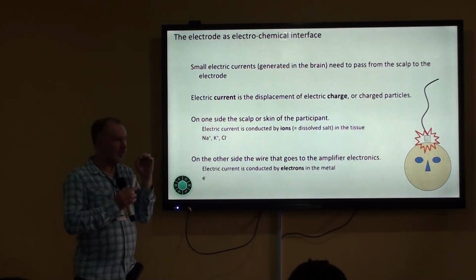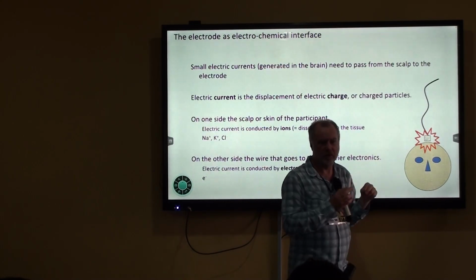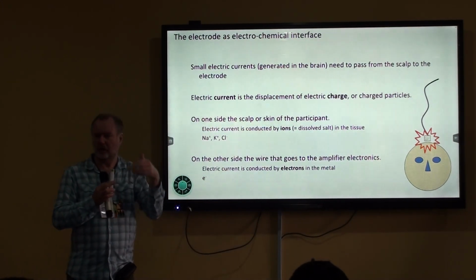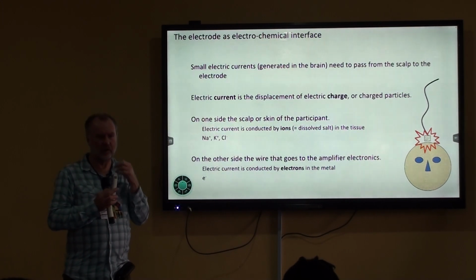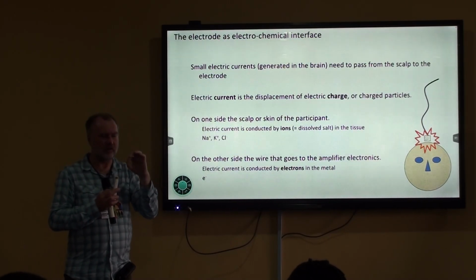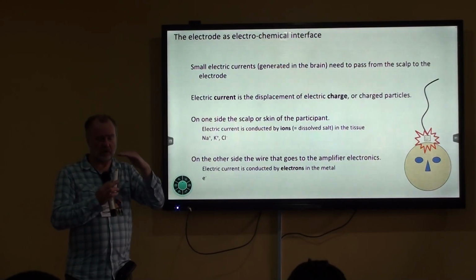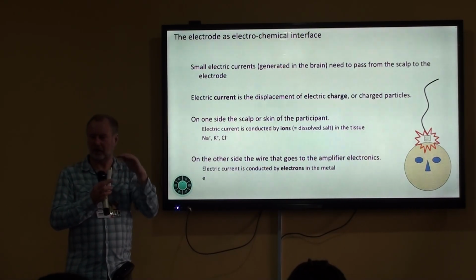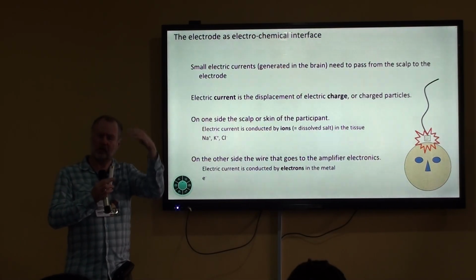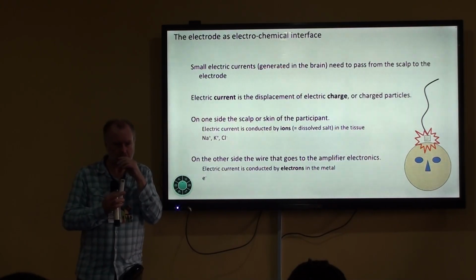So that means that at this interface between the electrode and the scalp, there needs to be a transition of charge from ions into electrons. And that's what we call the electrolyte. So this electrolyte is this thin layer in between the scalp and the electrodes. And in this layer, ions give off their electrons to the wire or to the electrode, to the metal.